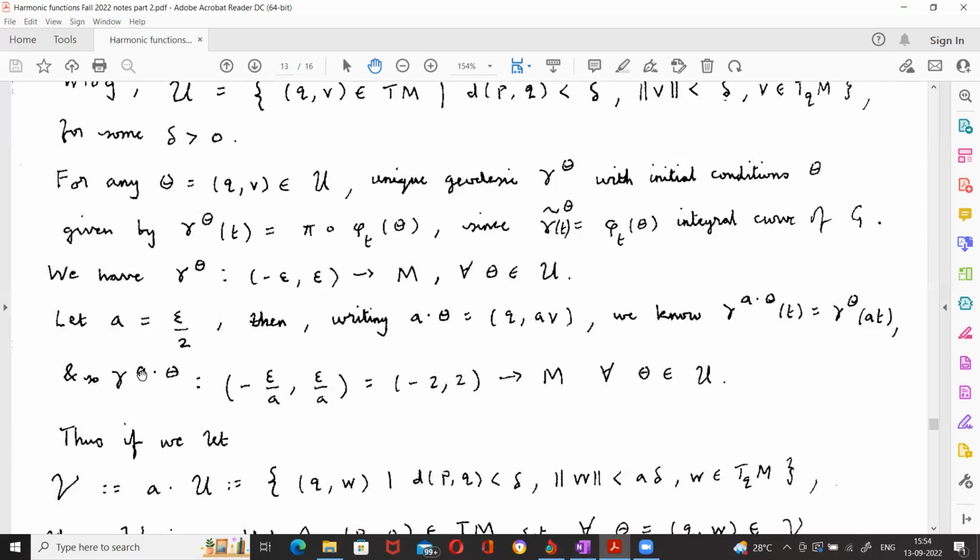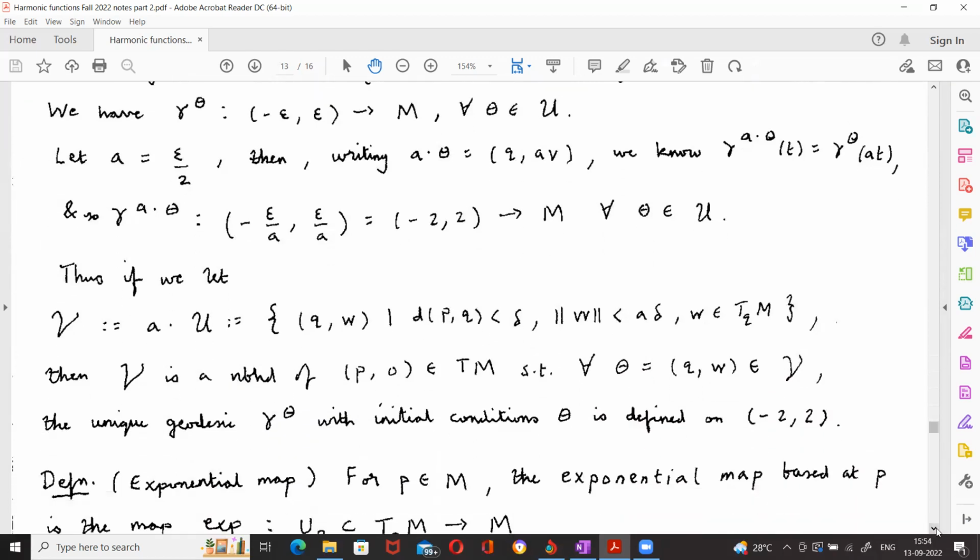So a dot theta means basically the same base point q, but a much smaller initial velocity, right? Okay, epsilon is small and a is epsilon by 2. So this av will be much smaller, that's all. Okay. So these geodesics are defined on the interval minus 2 to 2, right?